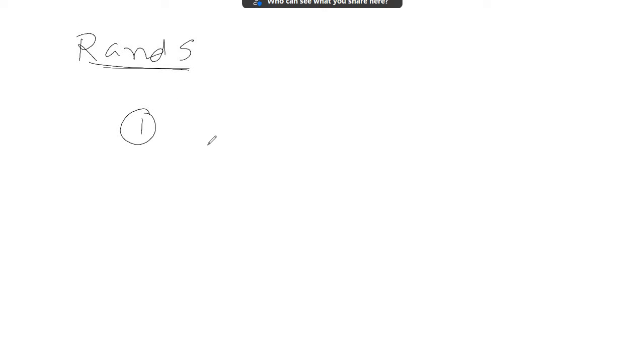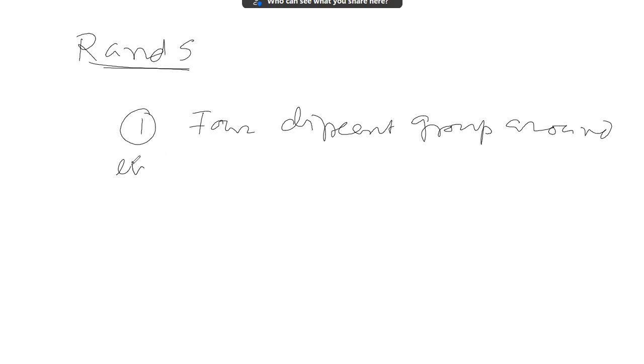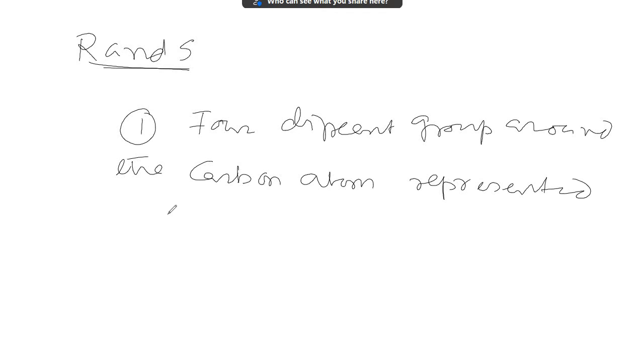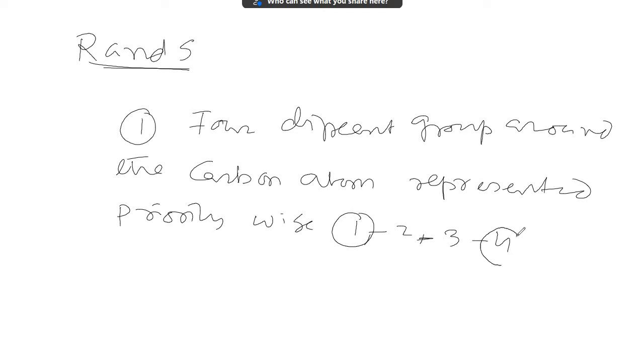Rule number 1: the four different groups around the carbon atom are represented priority-wise as 1, 2, 3, 4. The highest priority should be 1, the lowest priority should be 4.